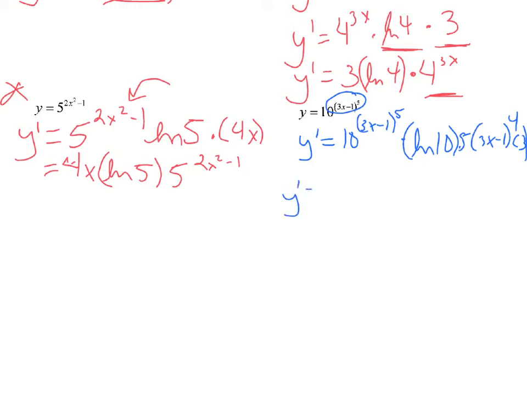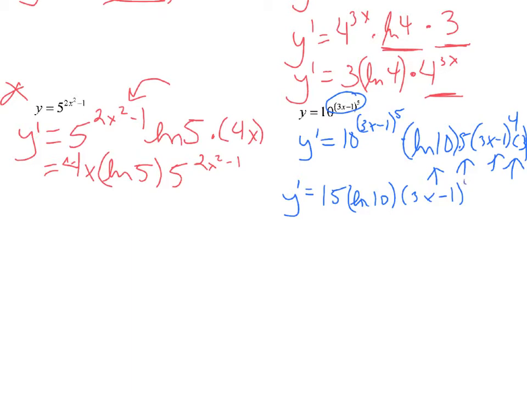So that is a little nutty looking here. I have my coefficient of 5 and 3 here that I'm going to multiply together. That's 15. I have another coefficient of ln 10, which I can't combine with anything, so I'm going to multiply it there. I have this crazy polynomial to the 4th power. Let me make that look like an actual 4.